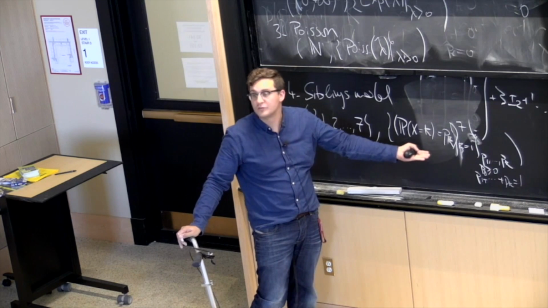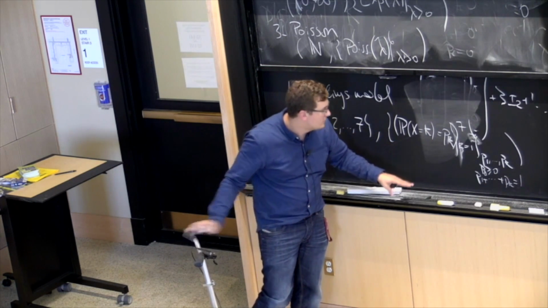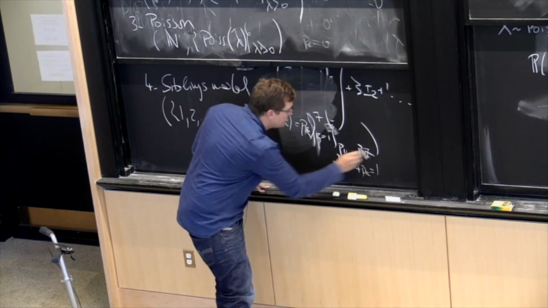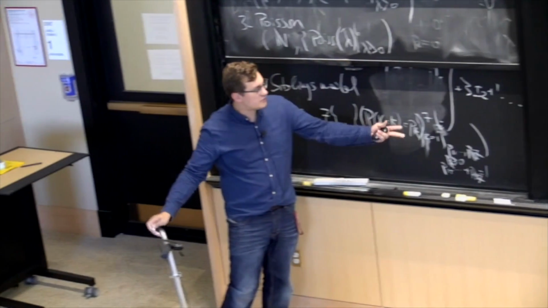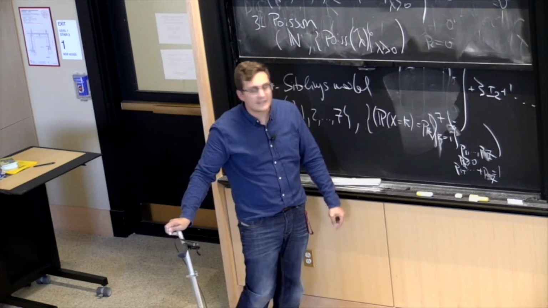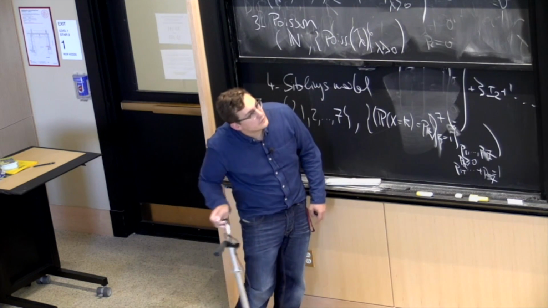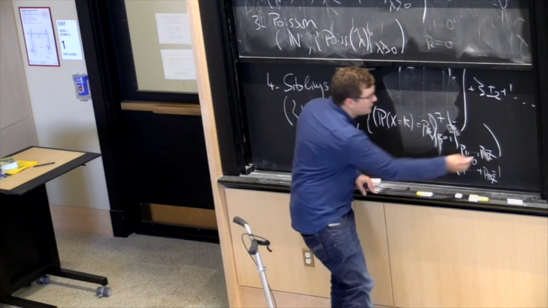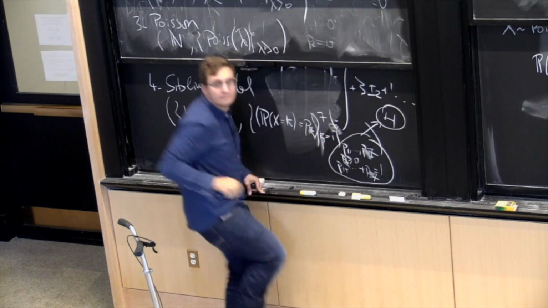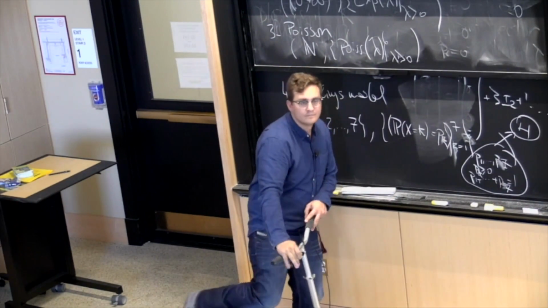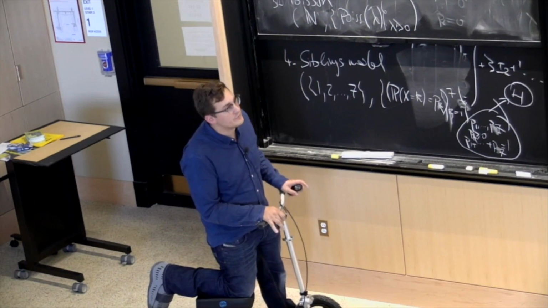The set of parameters is the set of non-negative numbers p1 to p7 that sum to 1. So that's my parameter space. Here, that's my theta. This whole thing here is my capital Theta. That's just the set of parameters that theta is allowed to take.